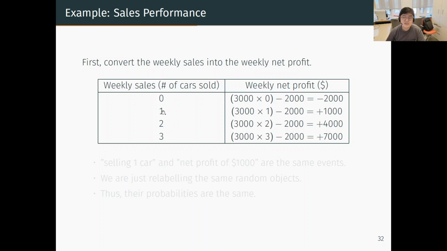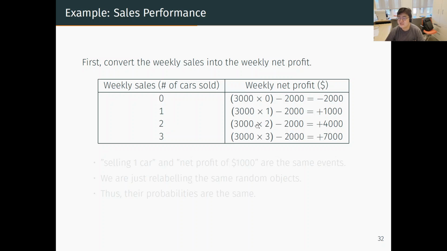But if the salesperson sells one car a week, then your net profit is $1,000. The salesperson made 3,000, but takes 2,000, so 1,000 is the net profit. And as the salesperson sells more cars, your net profit increases, right?